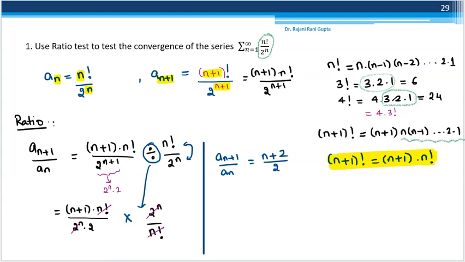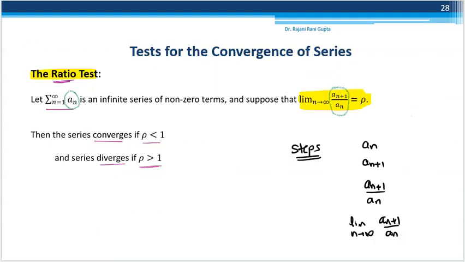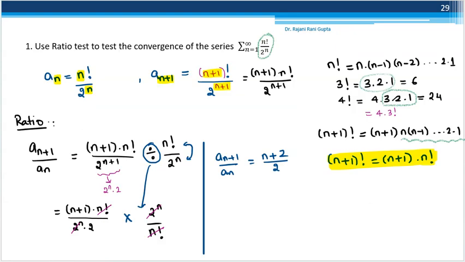Okay. Now what we have to do in the ratio test, we have to find the limit. So let's find the limit. Limit as n approaches infinity of a_{n+1} over a_n, which is the same as limit as n approaches infinity of (n+2) over 2. So what does this give you?